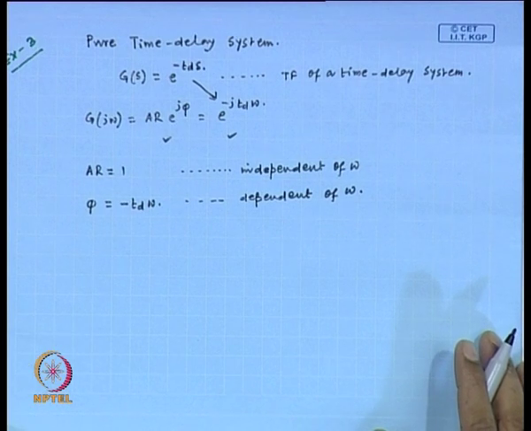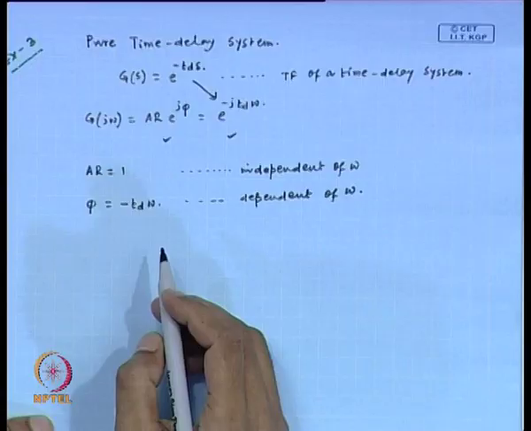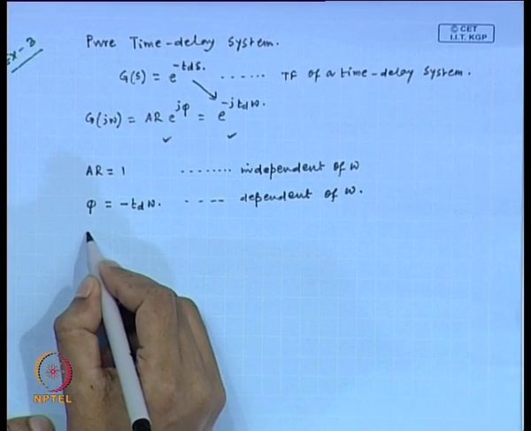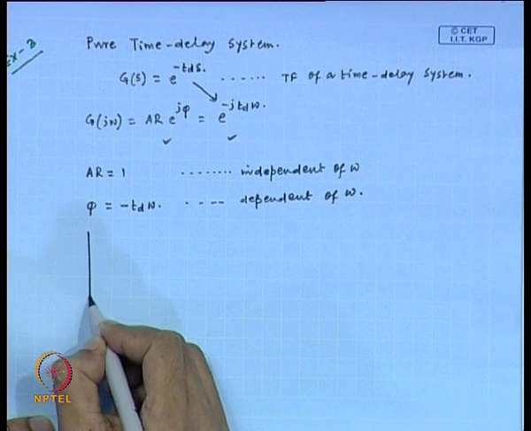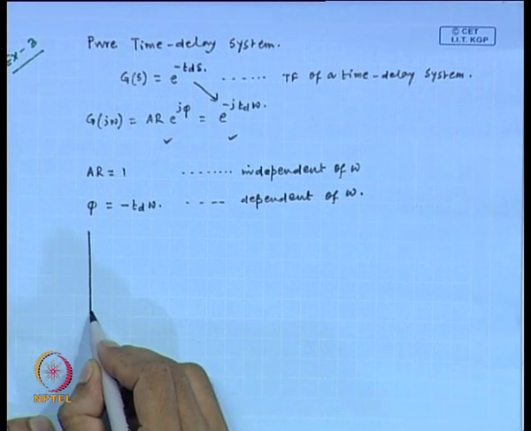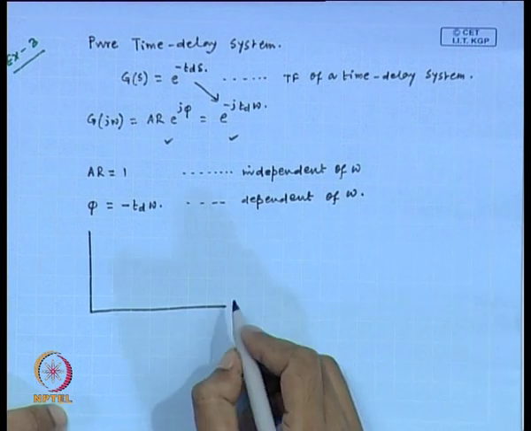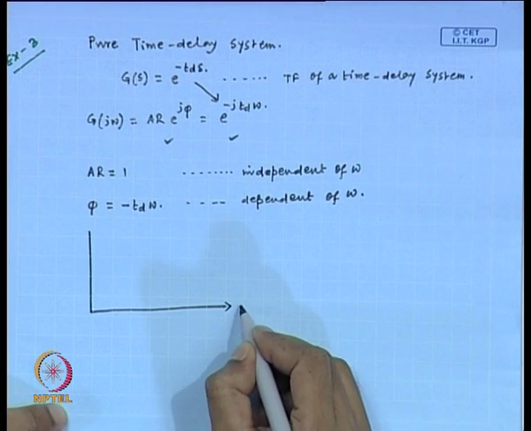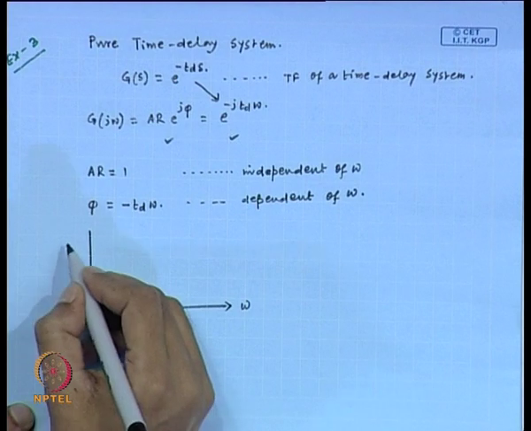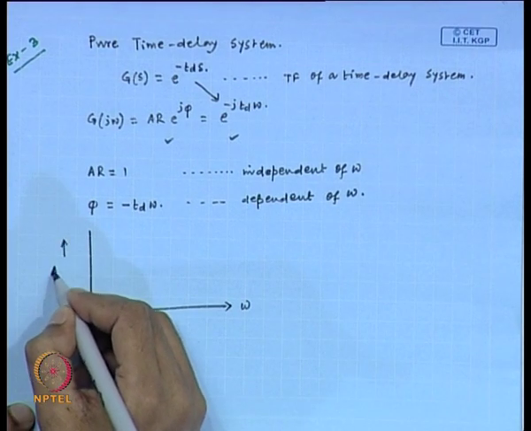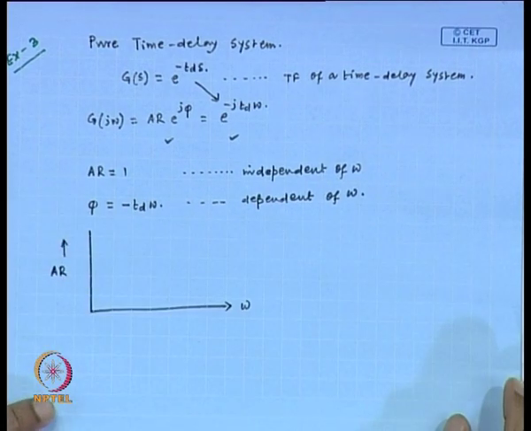Next, we will produce the Bode plot for this pure time delay system. This is omega and this is amplitude ratio. Here we are considering amplitude ratio because no scaling factor is there.